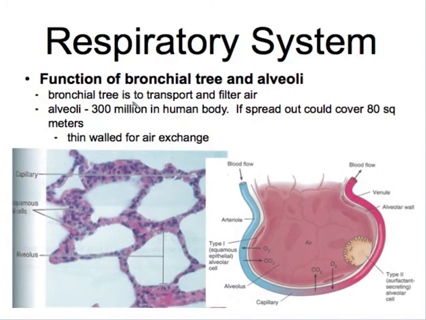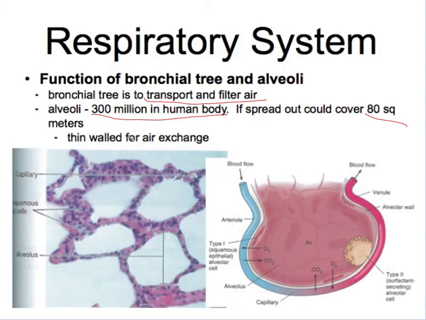Okay, so the whole function of your bronchial tree is to transport and filter air. That's the goal. You have approximately 300 million of these little alveoli, these little sacs in your body. If you spread them out, you could cover 80 square meters worth of space. That's incredible. We have 80 square meters worth of material packed inside our lungs. Our lungs aren't exactly huge, but that's amazing.